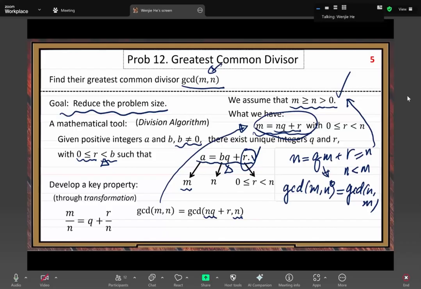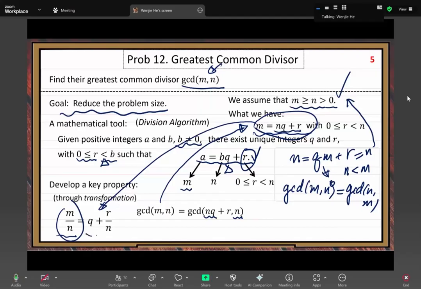In order to consider the common divisor question, here we use the fractional form to consider the common divisor question. So in this fractional form, because we apply this integer division, Qn plus R over n.